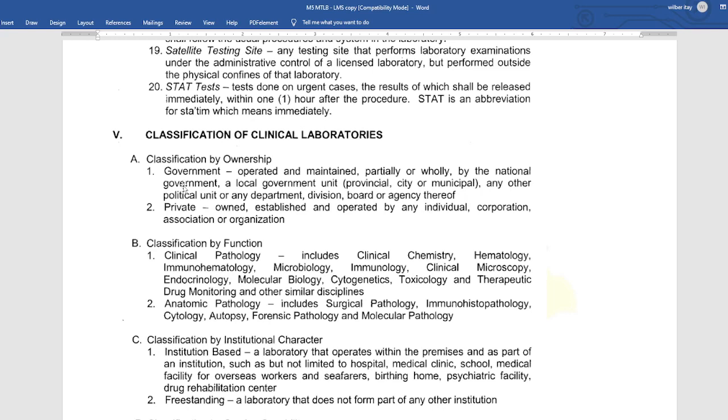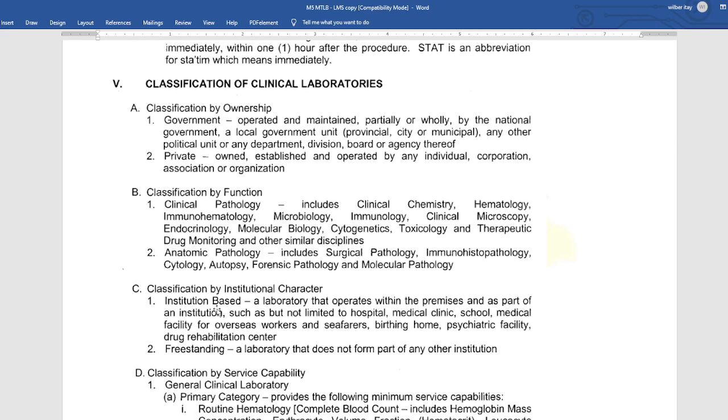Pag by function naman, we have here clinical pathology and anatomic pathology. Pag under clinical pathology, dyan yung clinical chemistry, hema, and others. So, sa anatomic naman, kasama si surgical pathology, immunohistopathology, cytology, autopsy, forensic, and molecular pathology. Pag institutional character, institution-based, and freestanding.